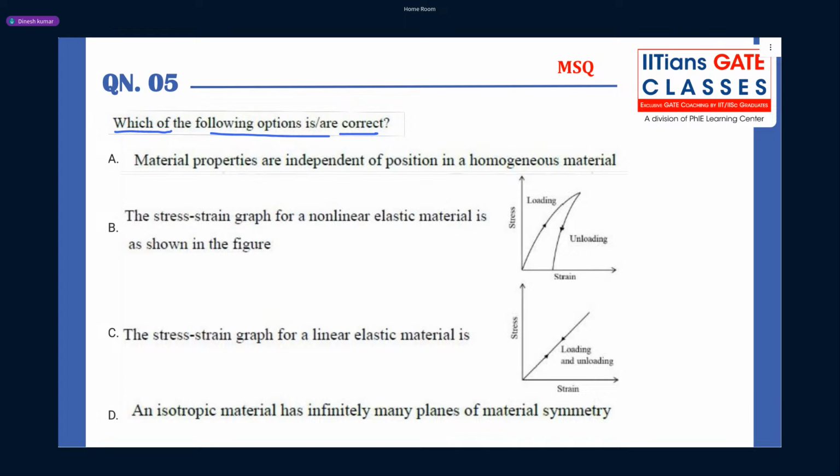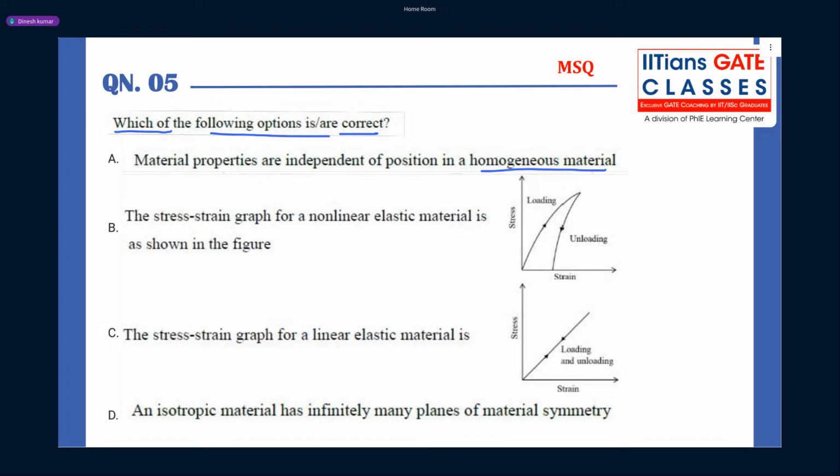First option: material properties are independent of position in a homogeneous material. So guys, what is a homogeneous material?